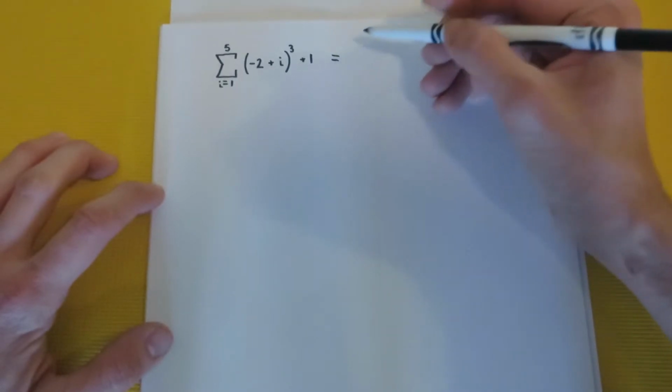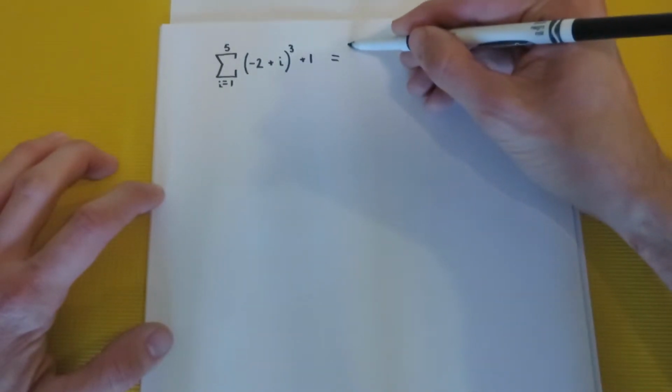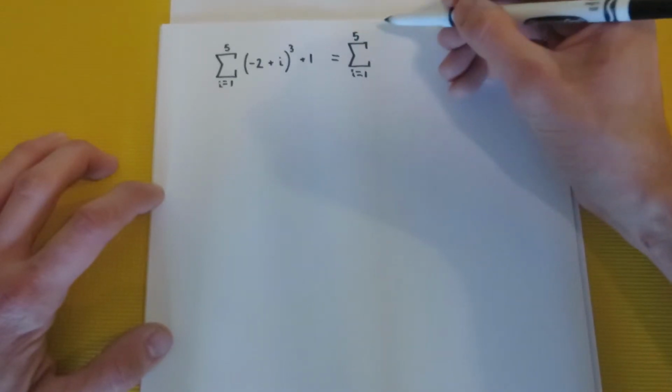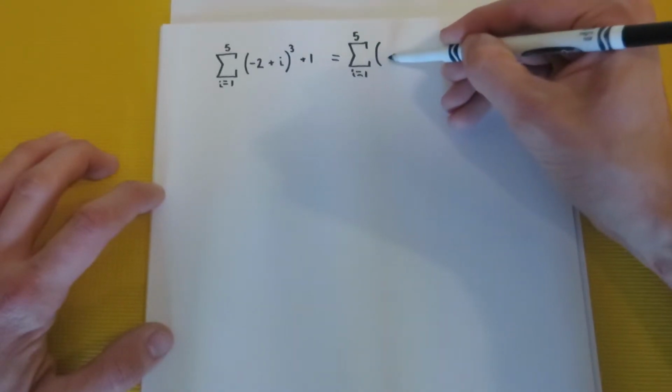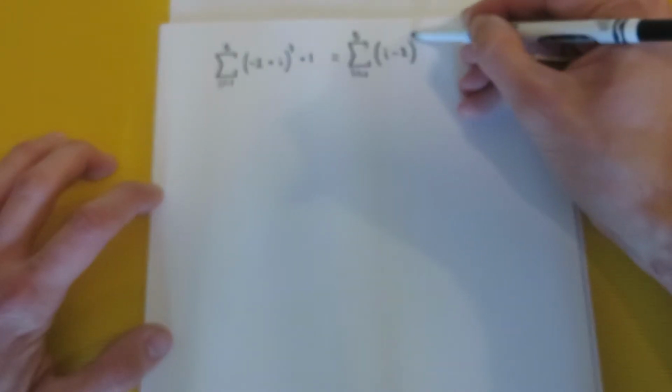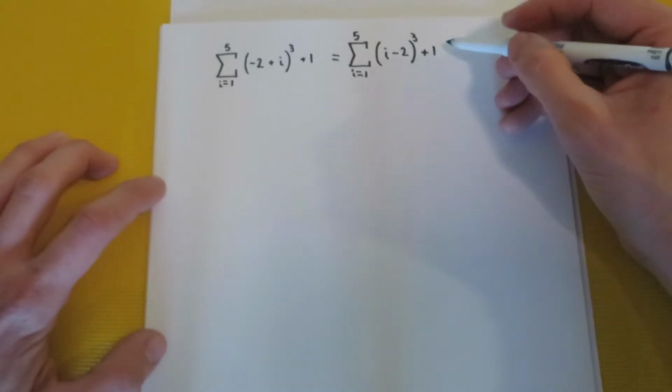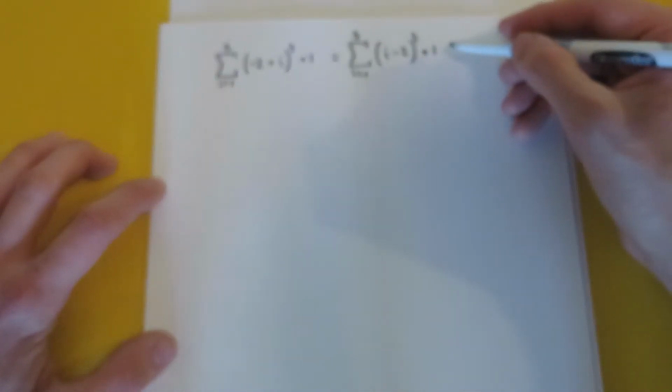Maybe that's just me. But we could say this equals the summation from i equals 1 to 5 of (i - 2)^3 + 1. And recall that the 1 is also part of our summation.